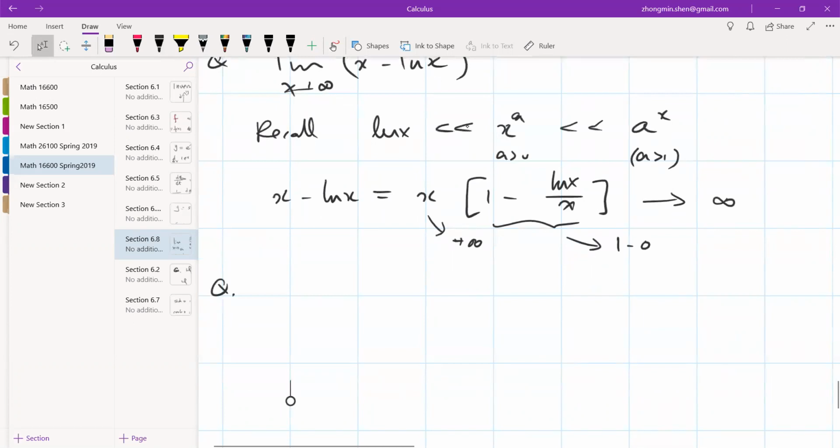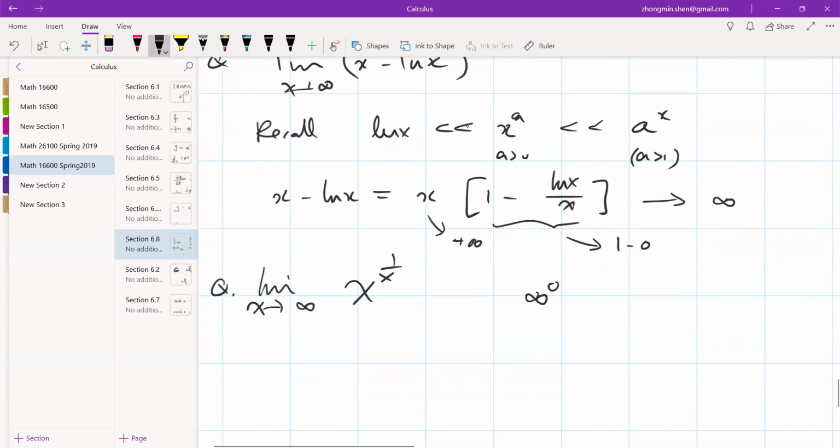Okay, now let's look at another strange problem. We have to solve it, right? This is the limit as x approaches infinity of x to the 1/x. As x goes to infinity, 1/x goes to 0, so this looks like infinity to the power 0. I cannot apply L'Hopital's rule directly to this problem, so let's find a way to solve it.